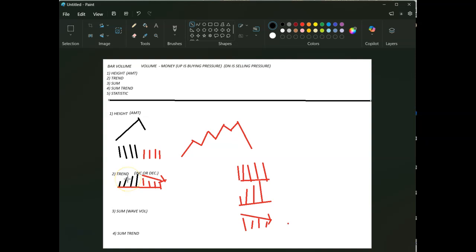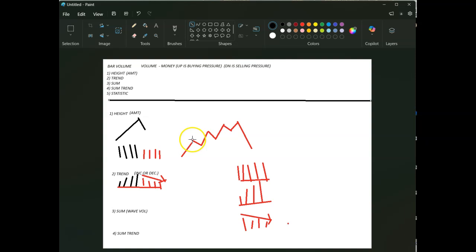Like if you have an Excel and you have a column of data, what is the first thing you do with any column of numbers? Typically, sum it. So similarly, if you have volumes in a column, you sum it. And then you take the trend of the sum. What does that mean?